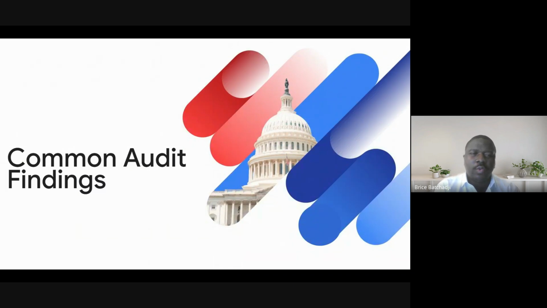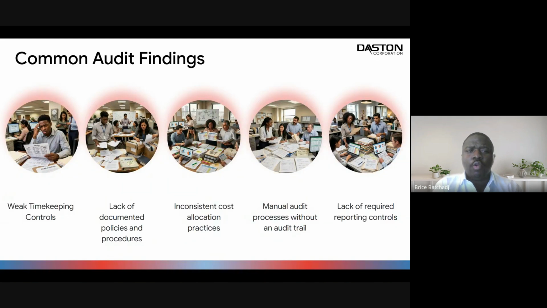And then we want to get into general common audit findings that we typically see during these audits. We'll discuss timekeeping controls, which is probably one of the huge ones that is generally seen during these audits. And then secondly, a lack of documented policies and procedures.